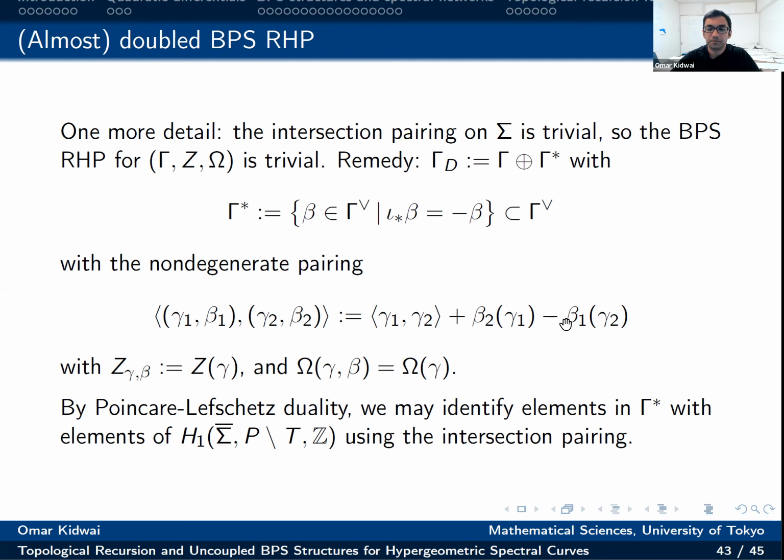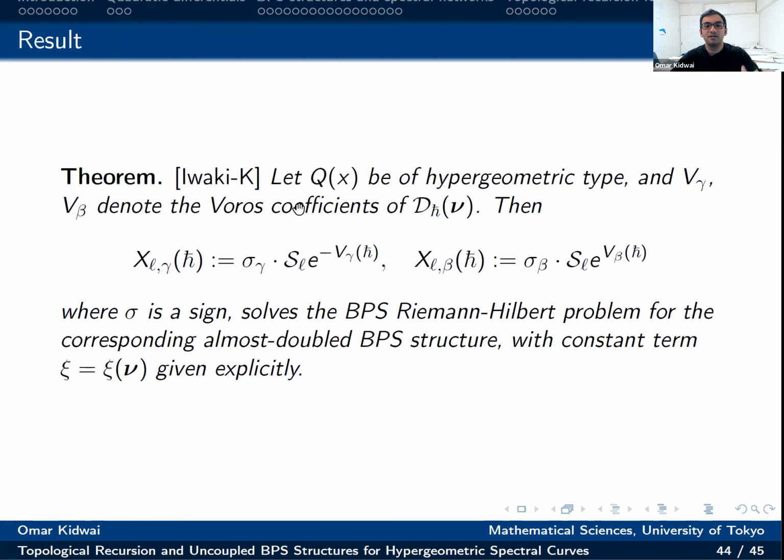And so finally, I can state the final result, which is that if I have the hypergeometric type differentials and I have the quantum curve constructed by the previous authors corresponding to that, then the Voros coefficients, if I take their Borel sum, I can actually solve the Riemann-Hilbert problem for the almost double BPS structure with an explicit constant term given in terms of the parameter nu.